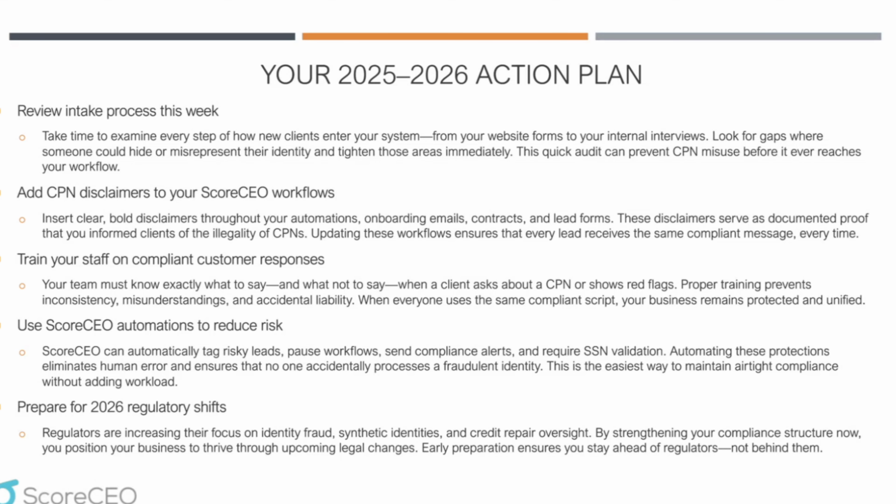So you can try different types of multi-step campaigns to inform customers and inquire in an automated way that doesn't have you doing that. Okay, and immediately you stop all further communication until you resolve your CPN doubt. And you can easily filter these tags in ScoreCEO.